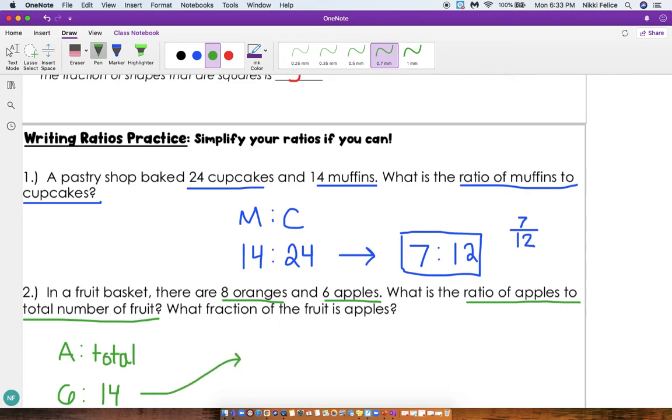If we divide both of these numbers by 2, we get 3 to 7. So for every 3 apples, there are 7 total pieces of fruit. So what fraction of the fruit is apples? It's 3/7 are apples. Because for every 3 apples, there are 7 total pieces.